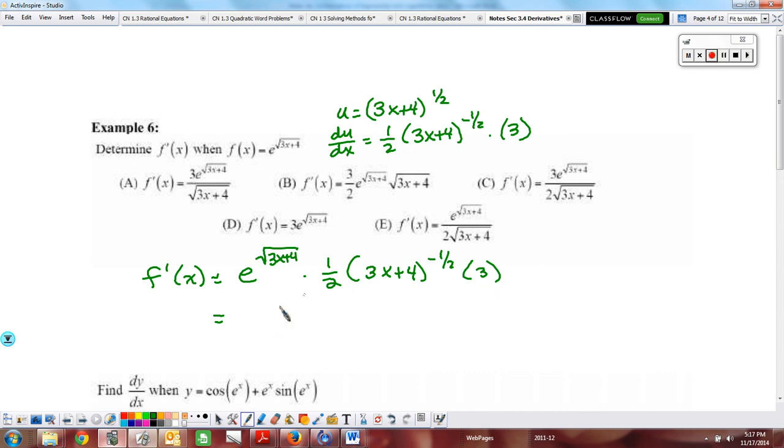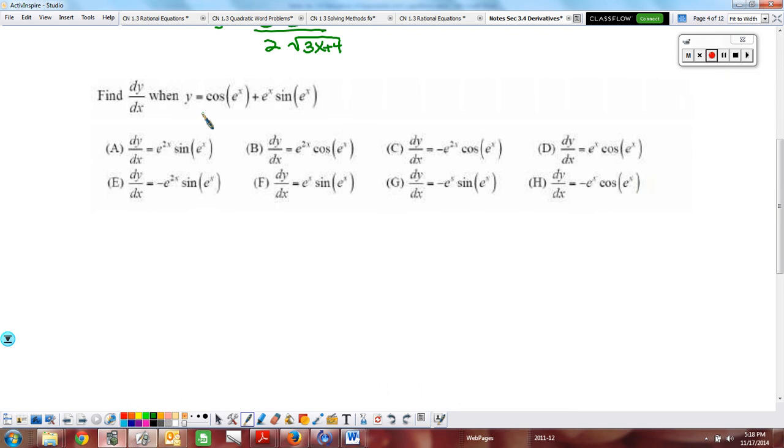So I end up with in the top, a 3e to the square root of 3x plus 4, and then over 2, and then the square root of 3x plus 4 goes in the bottom, so we try to figure out which one is our match. So here's the 3/2, but that's got that in the top. Here's 3/2 in the top, so my answer is C.